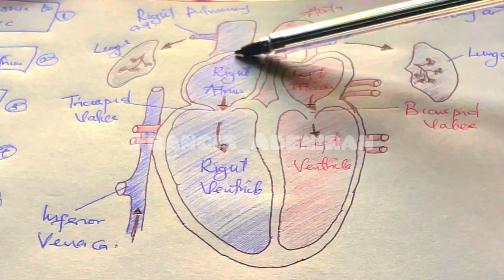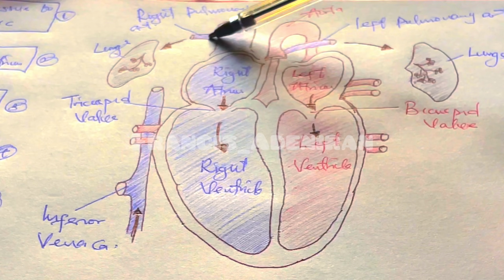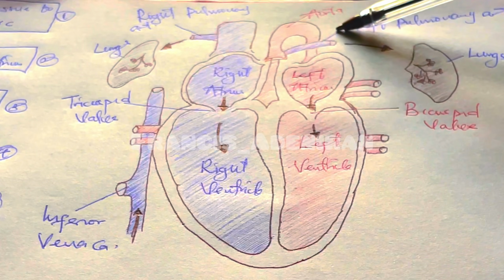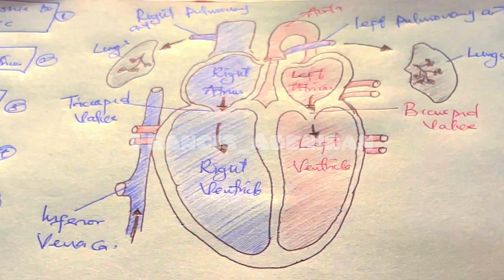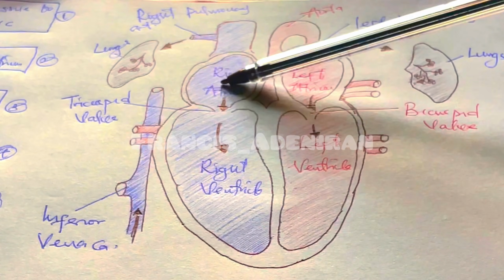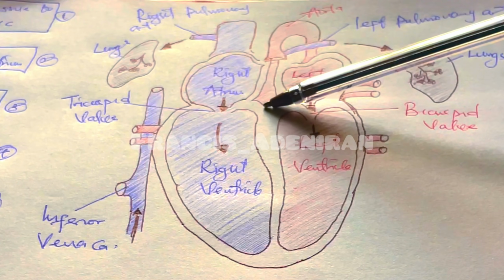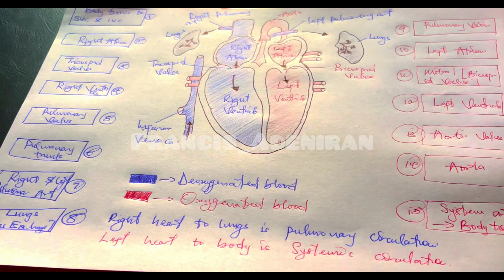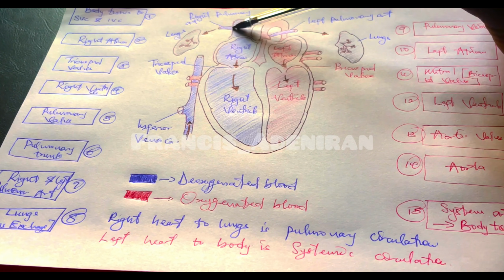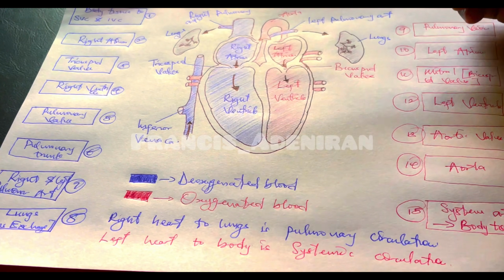Then from this pulmonary trunk, it now passes through the right pulmonary artery and the left pulmonary artery to the lungs for gaseous exchange. So through the pulmonary arteries, that's the right and the left, the deoxygenated blood is being passed to the lungs.